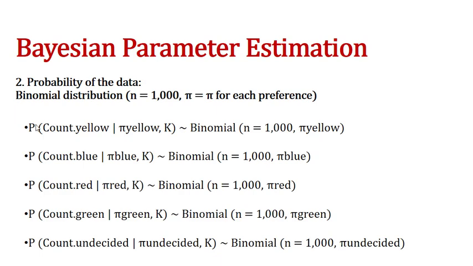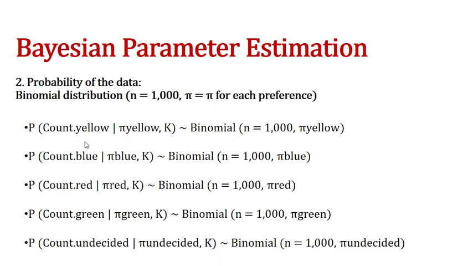So basically, here is an example. In order to determine the probability of obtaining a specific count of yellow, given a specific parameter pi yellow and background knowledge, we're going to use a binomial distribution with n equals 1000 and all the possible values of pi yellow.